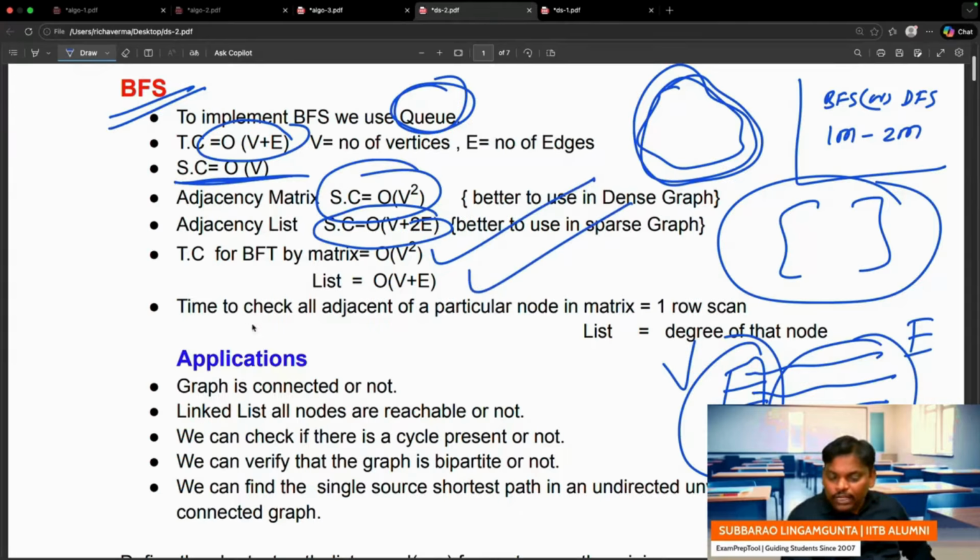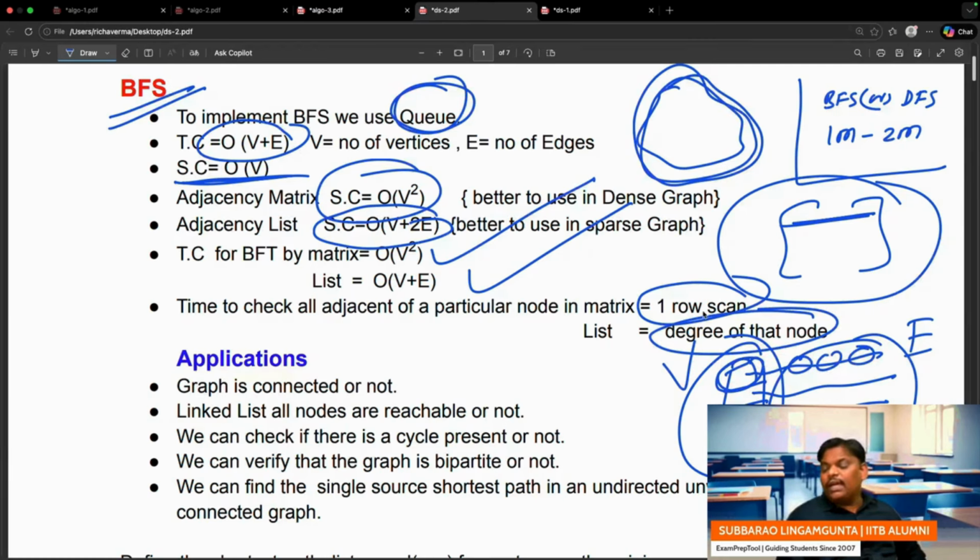Next one, time complexity to check all adjacent nodes of a particular node. In the case of a matrix, you have to check one row, which takes n time.